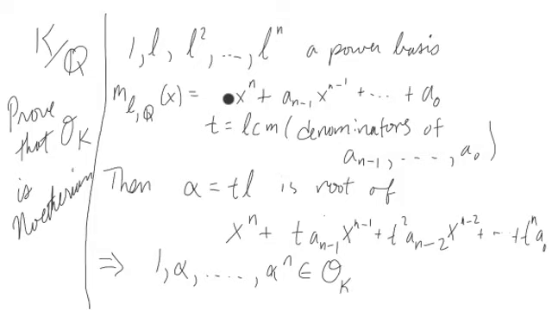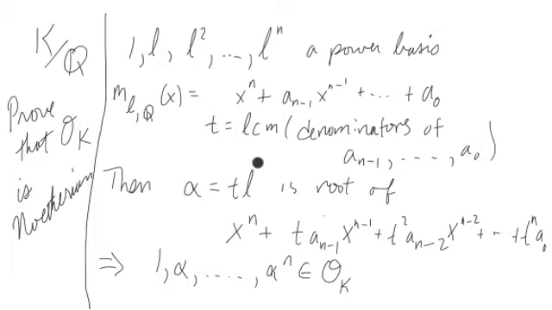In any case, we get this, and we actually can multiply L by something, get alpha, so that alpha will be integral, will be in the ring of integers over Q, or in K over Q.